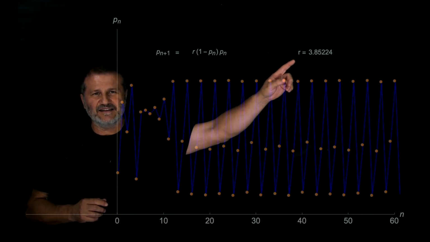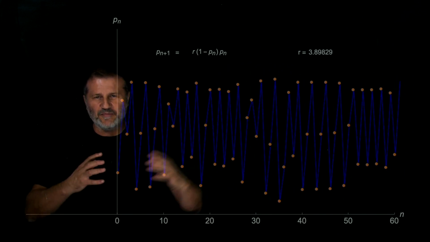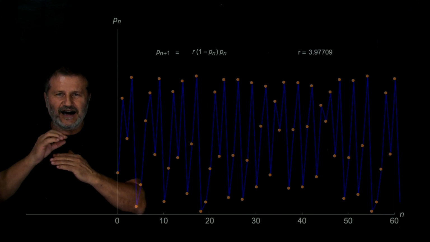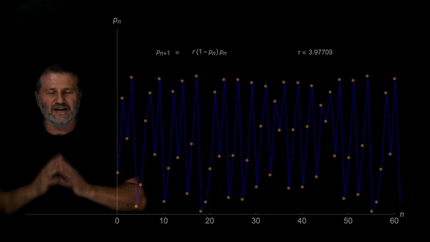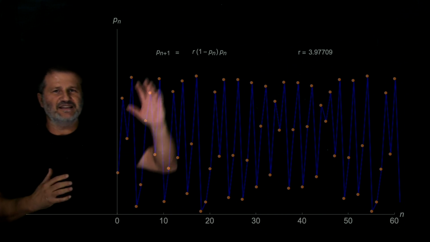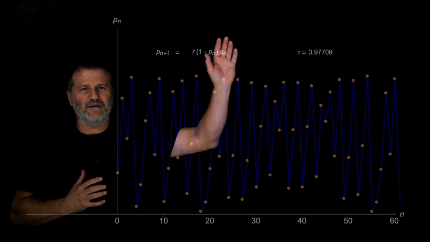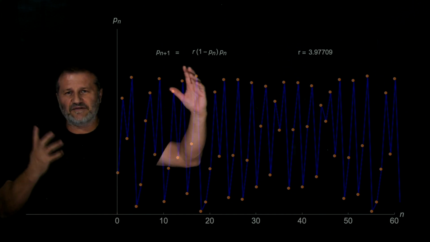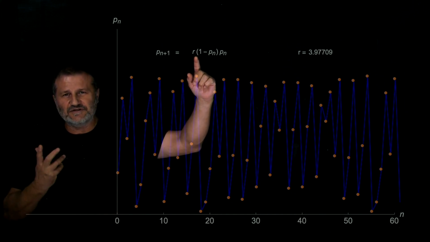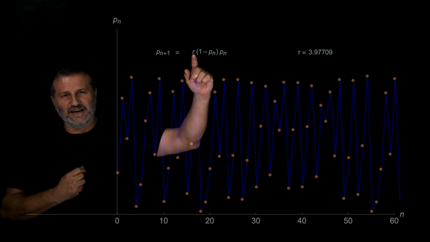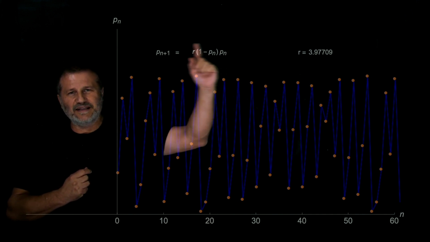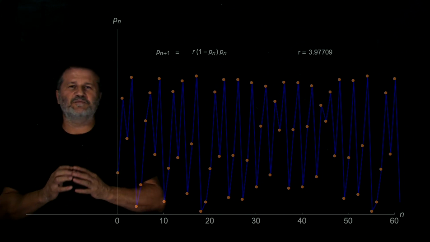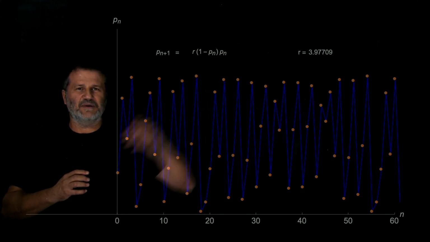You see, a little change in the parameter r now produces a dramatic change in the sequence P_n. So if you imagine that this is a real-world problem, parameters are just estimated from something, so they are subject to errors. And a little error here could produce a completely different behavior of P_n. So in other words, it is hard to make predictions when r is big in this model.